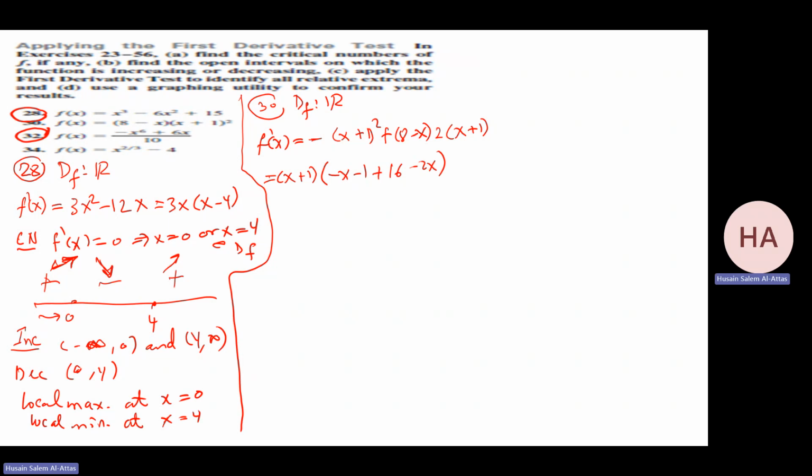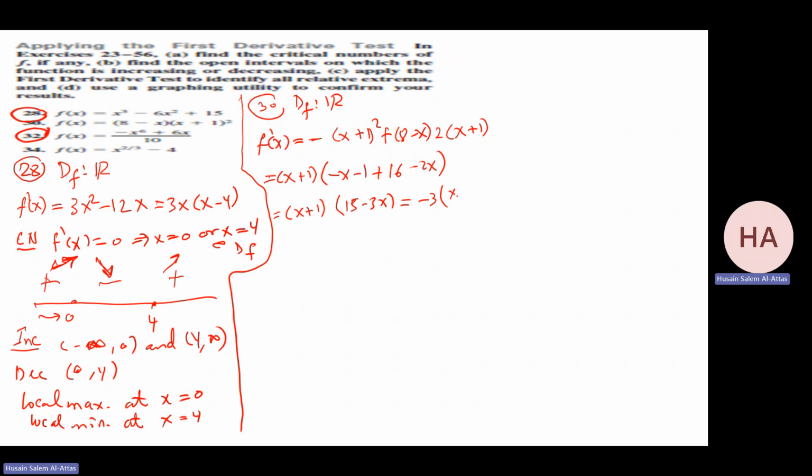So that gives me x plus 1, and there I have 15 minus 3x. 15 minus 3x. In other words, I can take minus 3 as a common factor.